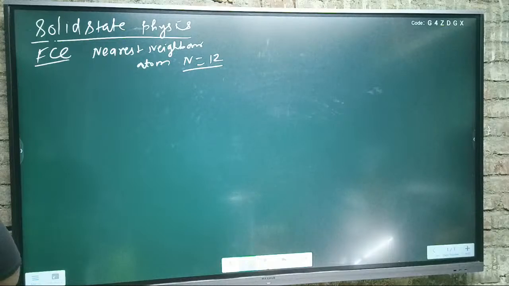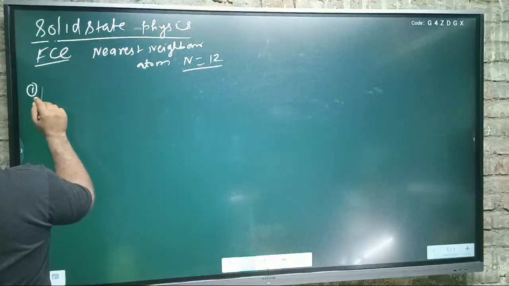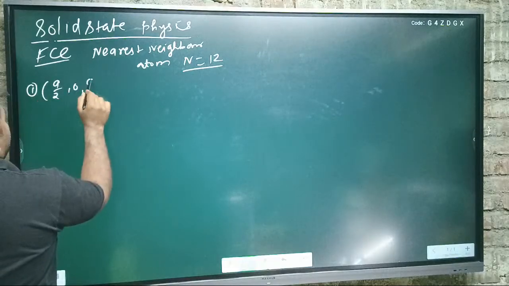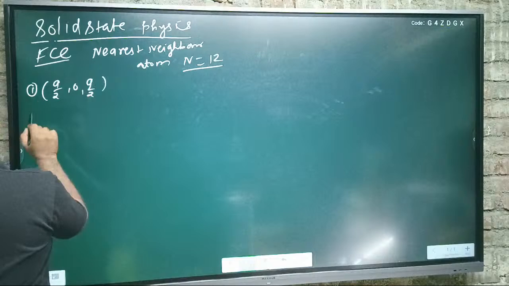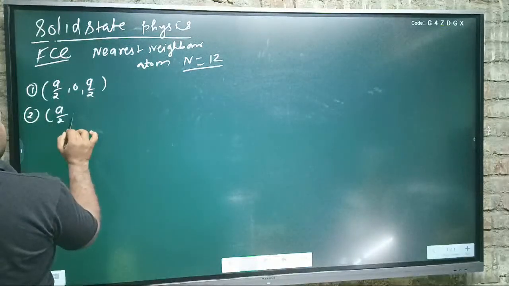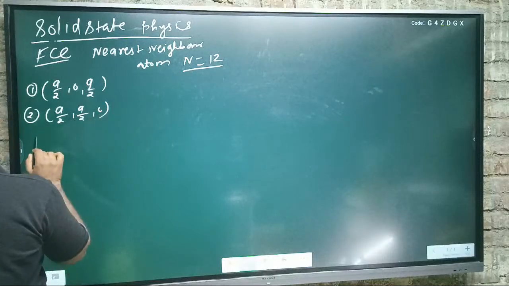Half of 0. Total distance is a. Yes or no? Then the first coordinate is a by 2, comma 0, comma a by 2. Okay, first coordinate. Second one: a by 2, comma a by 2, comma 0. Yes or no?